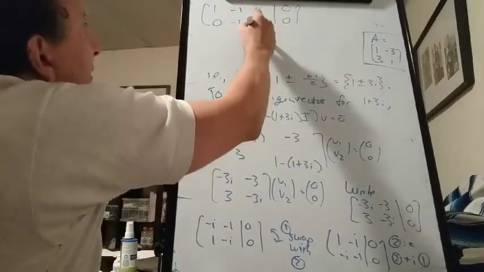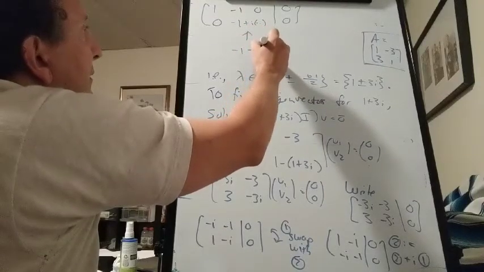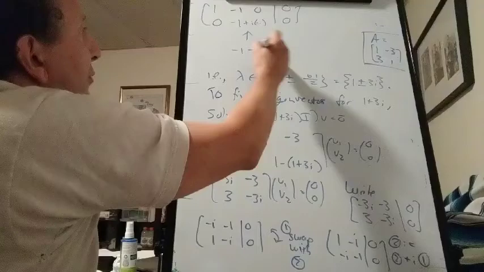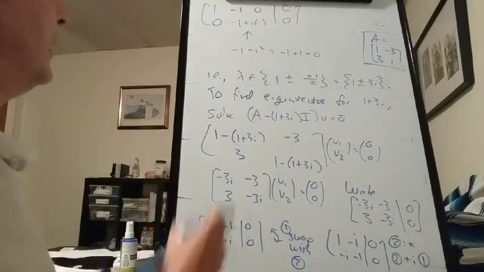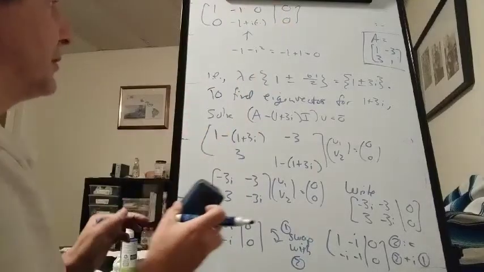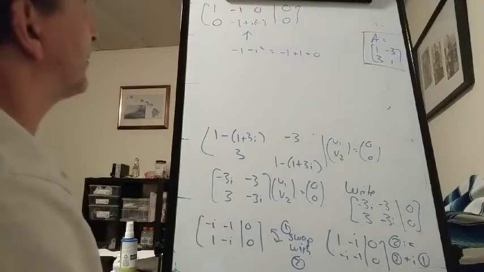And what's this? Negative 1 minus i squared. i squared is negative 1, so this is negative 1 plus 1, so that's 0. So the second row is just 0 plus 0 equals 0. So we only need to worry about the first one.